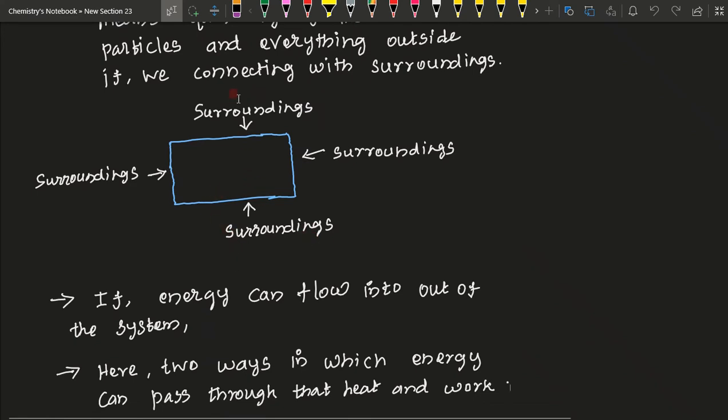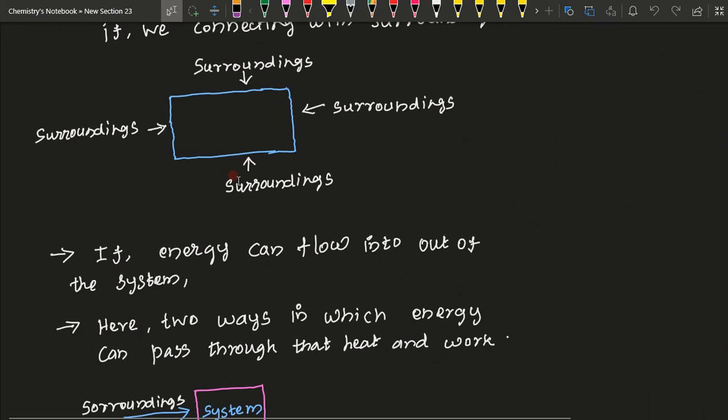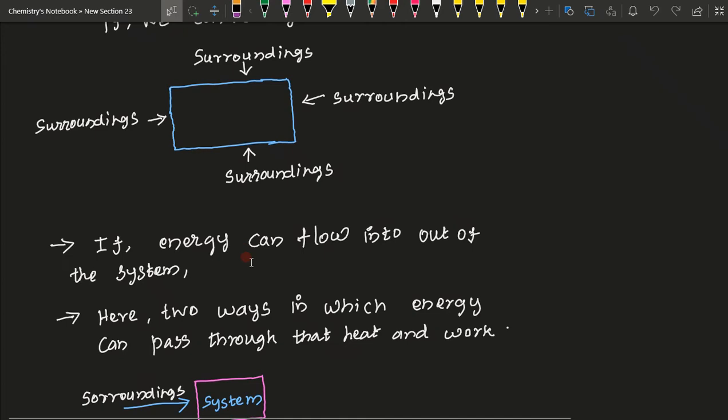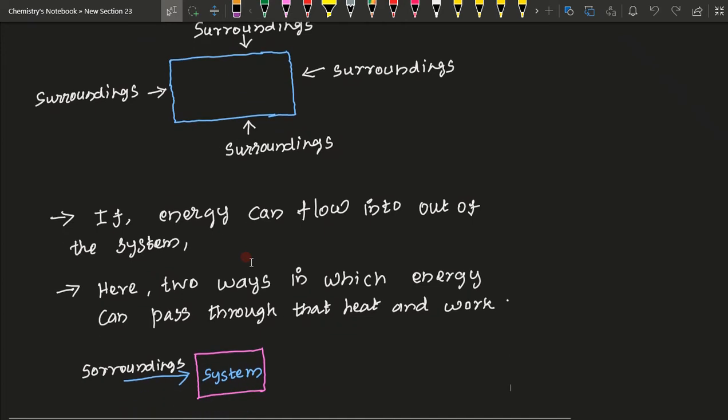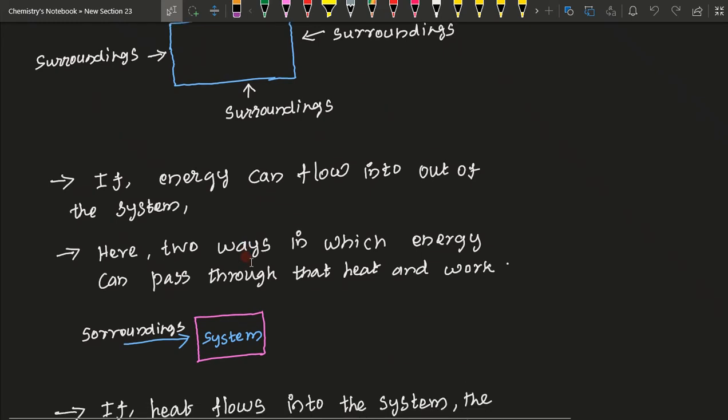If energy can flow into or out of the system, there are two ways in which energy can pass through: heat and work.